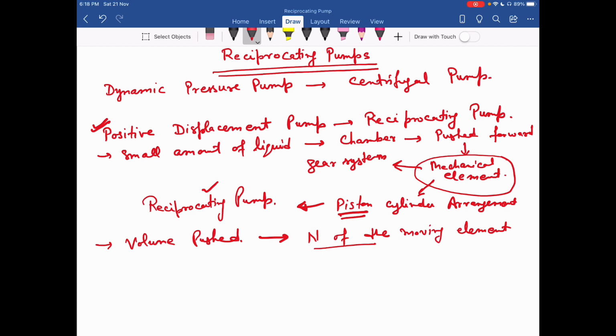Normally these are used in situations where we have to extract liquid from deep down, and at the outlet we require low discharge. For example, for oil drilling, we can use reciprocating pumps.